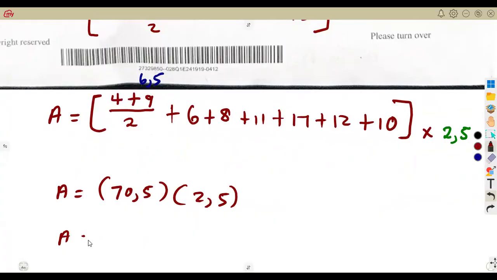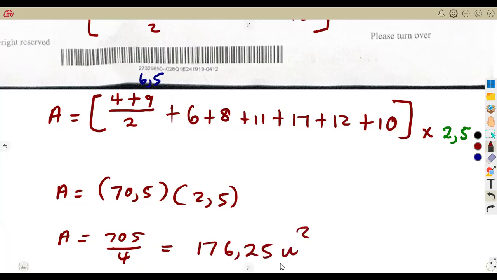That was going to give us 705 over 4, or as a decimal, 176,25 square units. All right. So remember, this is area, and area is measured in what? In square units. So there you use the square units.